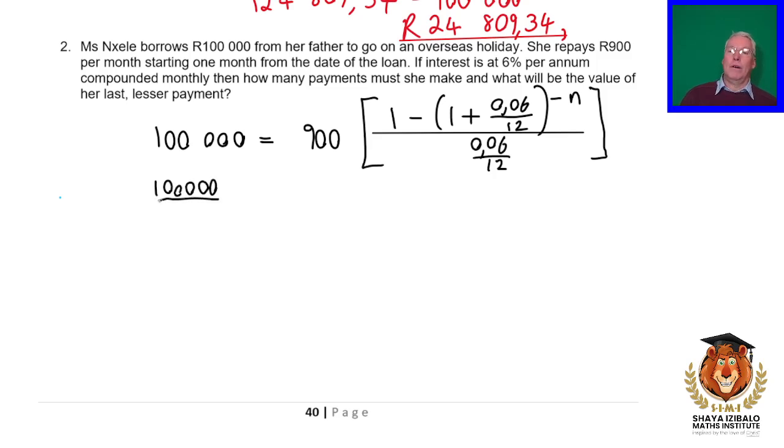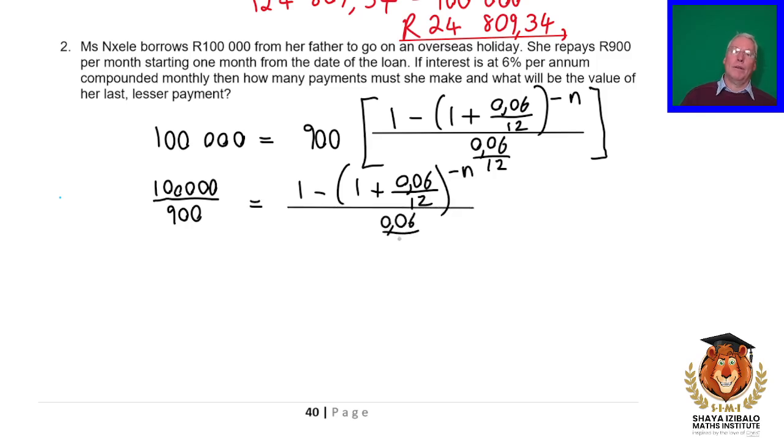100,000 over 900. That's going to equal 1 minus 1 plus 0.06 over 12 to the minus n times 0.06 over 12. We're trying to solve this, okay? Ultimately, we're going to use logs, but first, let's multiply both sides by 0.06 over 12. My 100,000, if I divide by 100, just becomes 10,000.